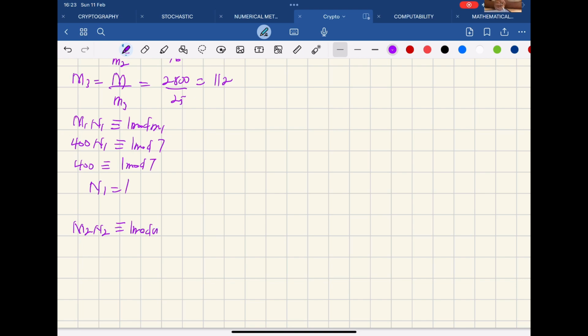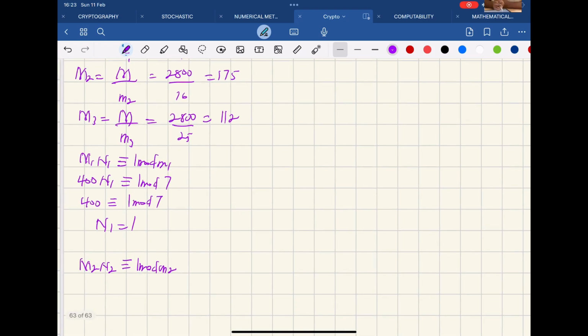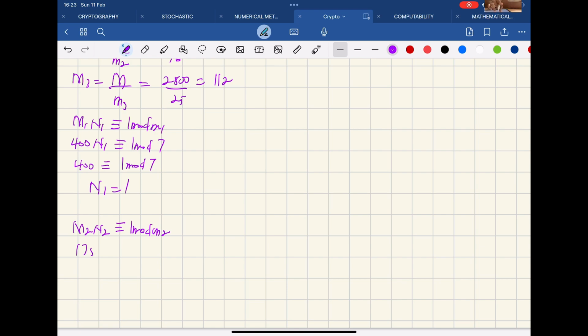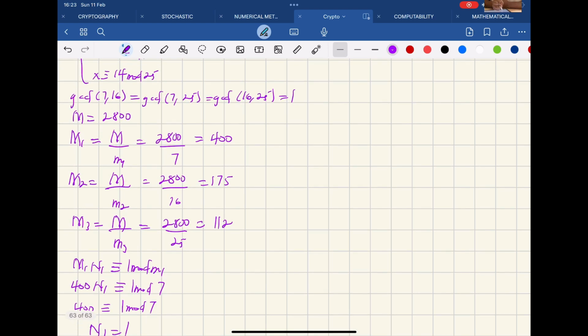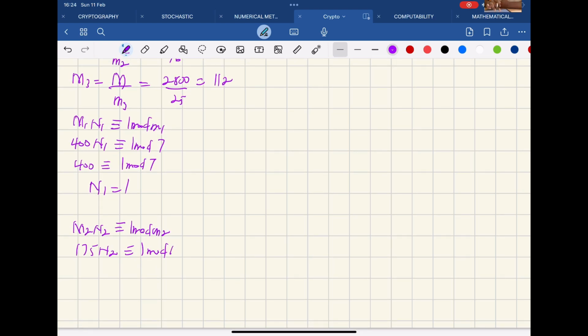Now let's go ahead and find our N2. M2 N2 is congruent to 1 mod small m2, and our M2 is 175. So 175 N2 is congruent to 1 mod 16. So we have to write 175 in terms of mod 16, and that is 15.